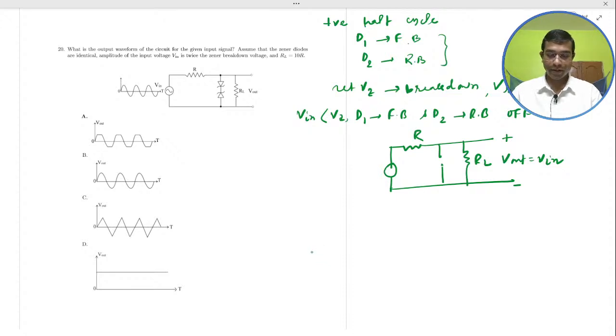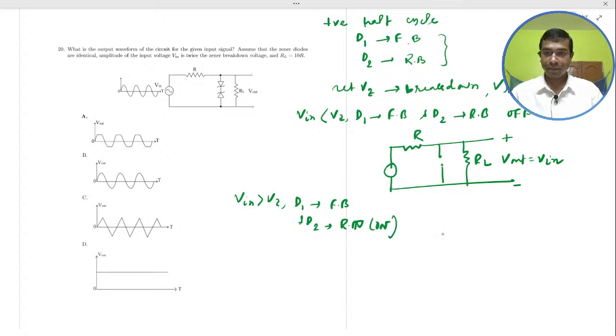And for the negative half cycle, Vin is greater than Vz, D1 is in forward bias, and D2 is in reverse bias. So the Zener is in breakdown region.